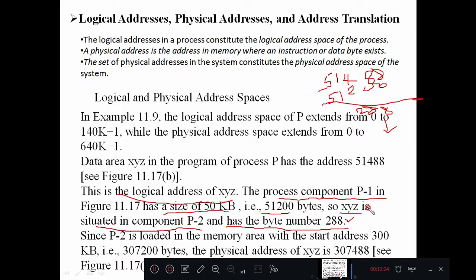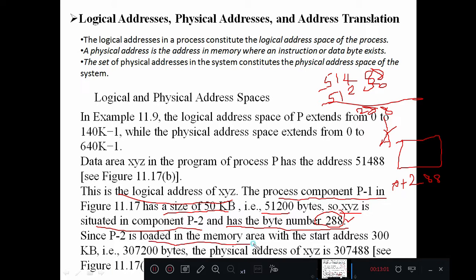So I have to locate this byte, and P2 is starting from, let us say, memory location A. Then I have to locate a byte which is 288 bytes away from this A. That means I have to add A and 288, and what we get is the actual physical address of XYZ.